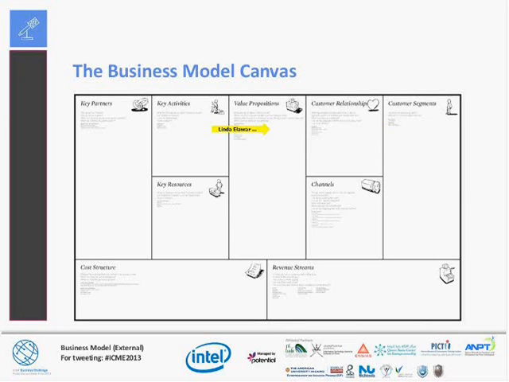And the internal business model has the key partners, key activities, key resources, and the cost structure. Okay? Today we're going to focus on the external elements. We're going to talk about them in detail one by one. And next week we will address the internal models.